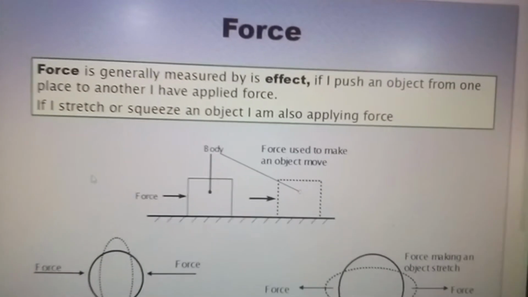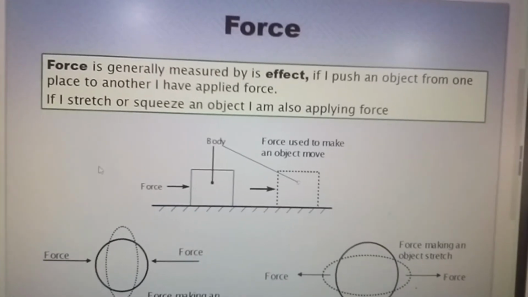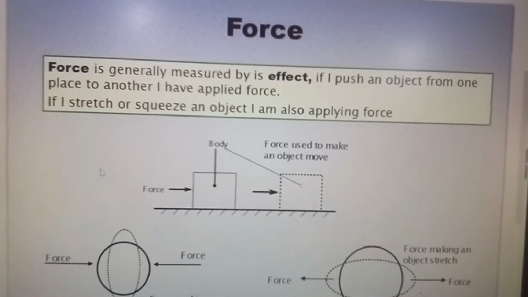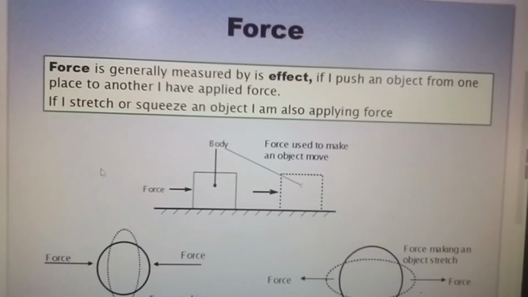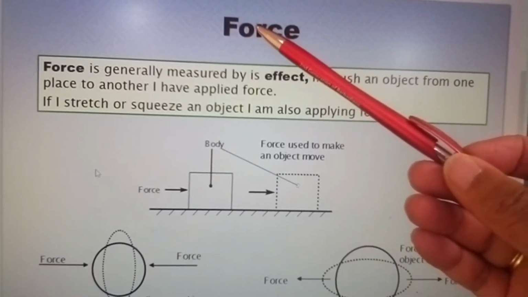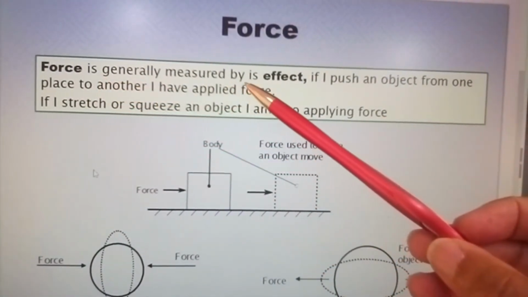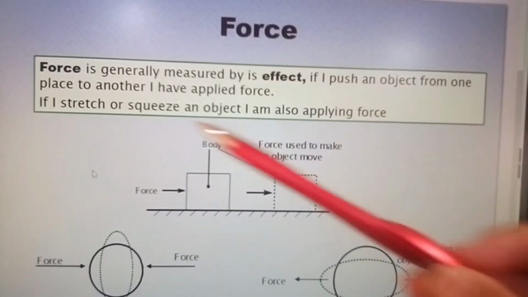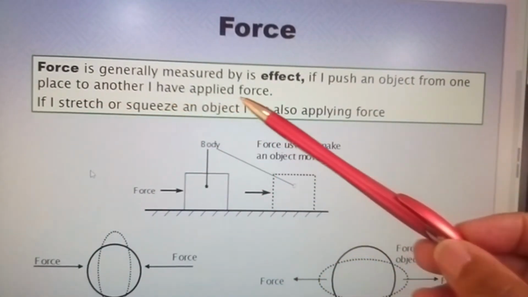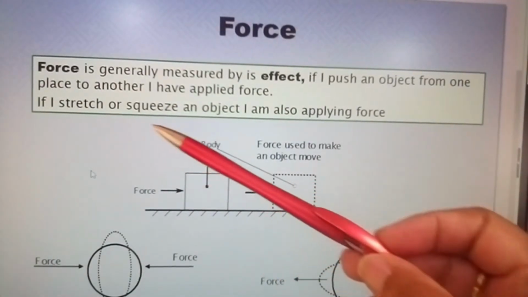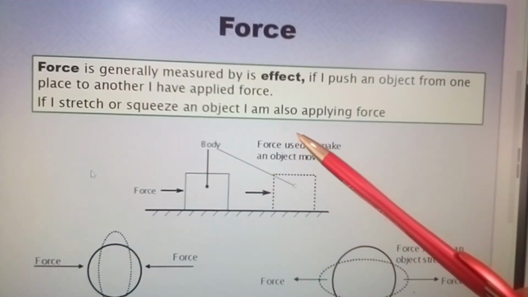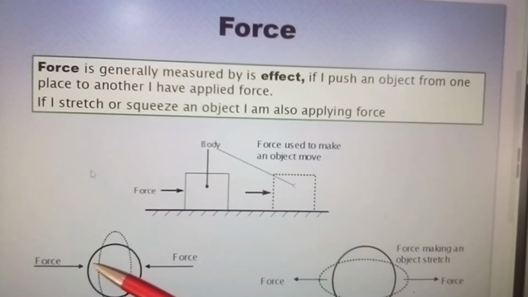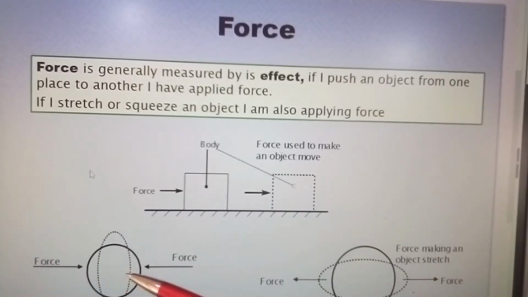Now force. Let me just go back a little bit, make sure we can get this all in. Okay. Force is generally measured by its effect. If I push an object from one place to another, I have applied a force. If I stretch or squeeze an object, I am also applying a force. Okay, so here you have forces being exerted, so I'm squeezing it.